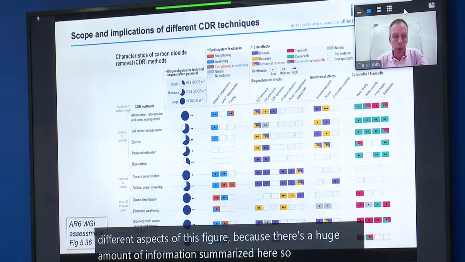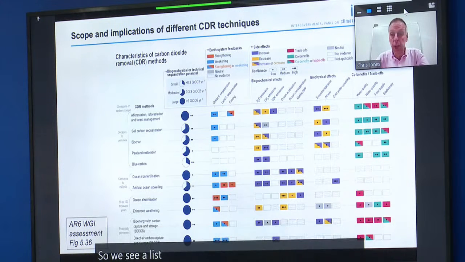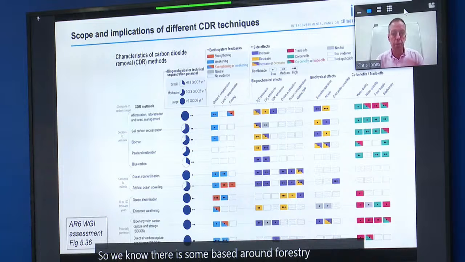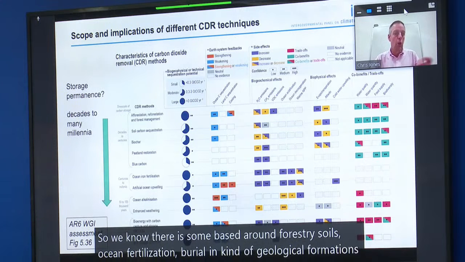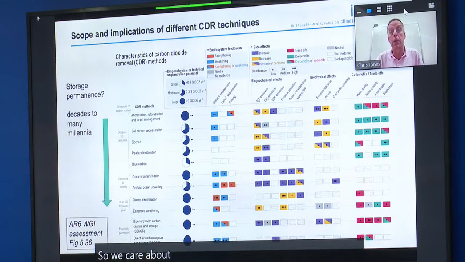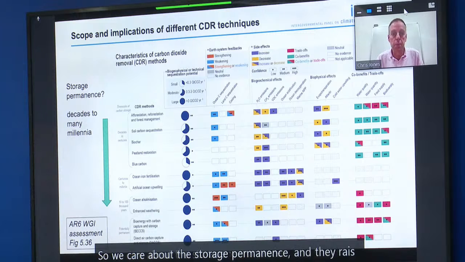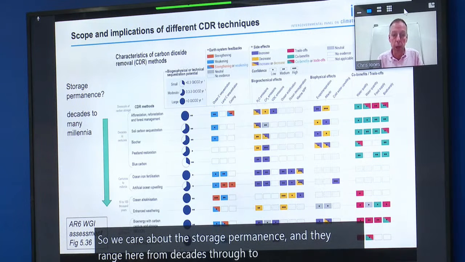So to start with, we see a list of different CDR methods. So we know there are some based around forestry, soils, ocean fertilization, burial in geological formations. So we care about the storage permanence, and they range here from decades through to many millennia.